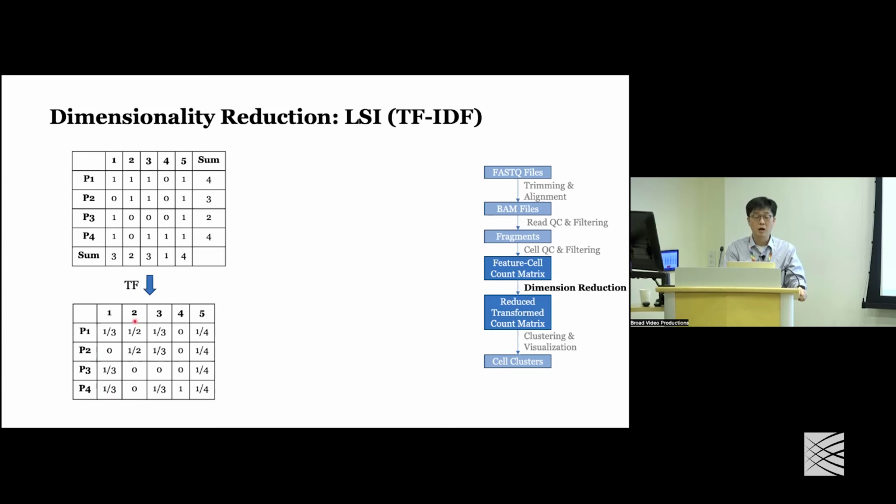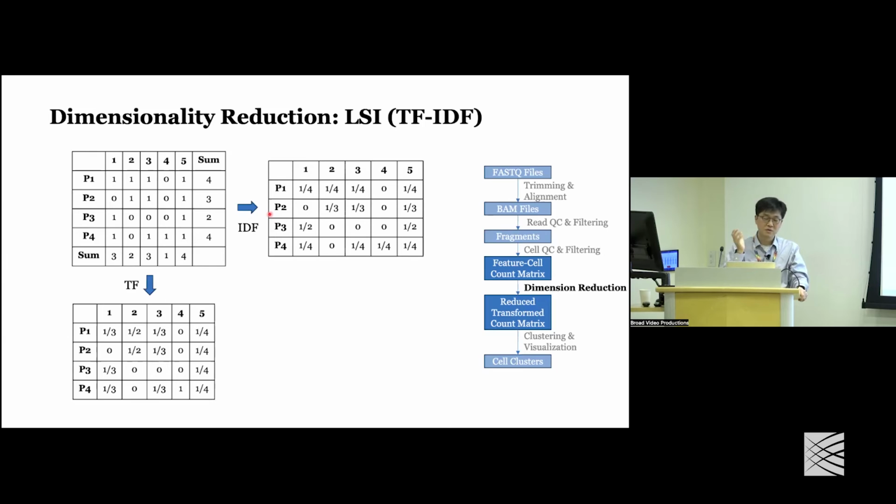So it's a per-column normalization, okay? IDF, although it sounds very fancy, is actually per-row normalization. For each peak, you first count how many cells actually contain this peak, and that's the term used for the normalization. That's shown here.